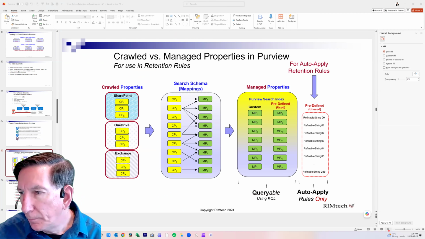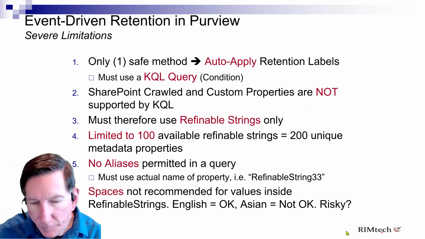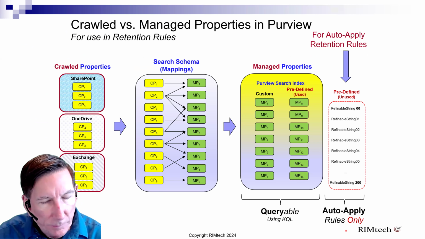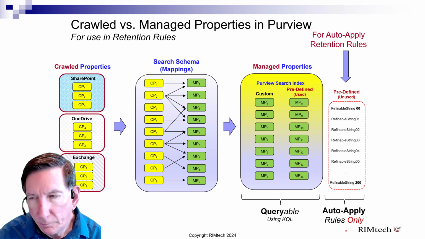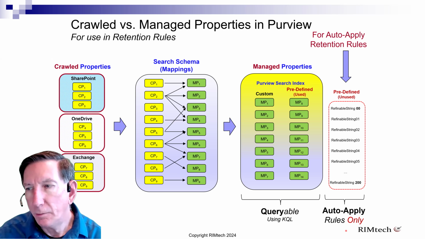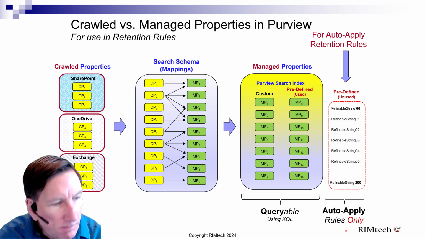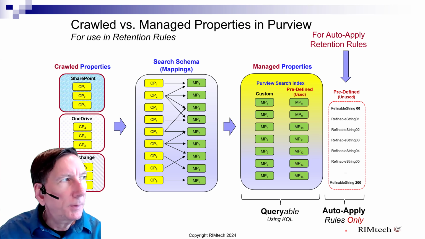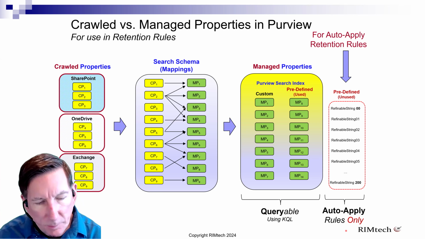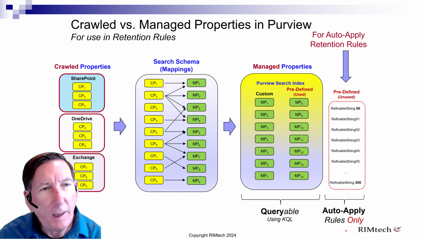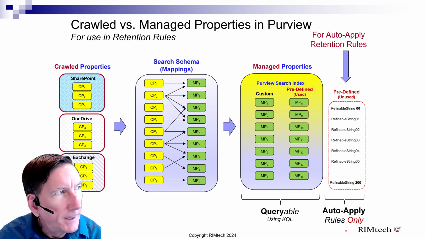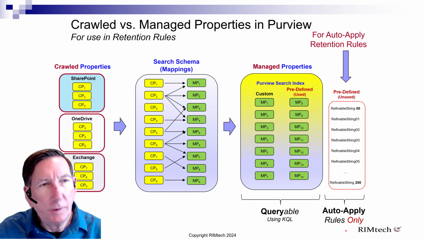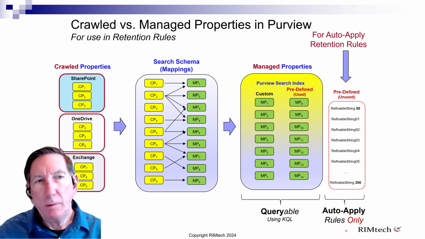Now, there's a limitation, which is that in order to manage event-driven retention rules, you have to use auto-apply rules. Now, there are other ways to use Purview. You can use Purview in an incredibly simple way, and it will never work. You can get Purview up and running, fully deployed in an afternoon, easily, but it'll never be compliant.